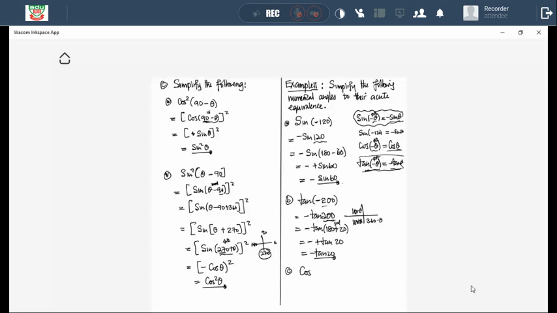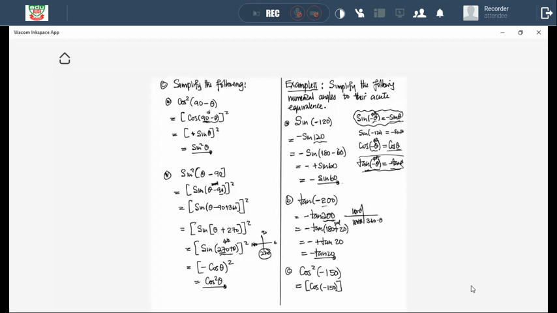This is cos what? I can still say cos squared negative 150, something like that. This is going to be equal to, I'm simplifying this. There's a square there, so I'm going to open a square bracket, which is going to be cos negative 150.